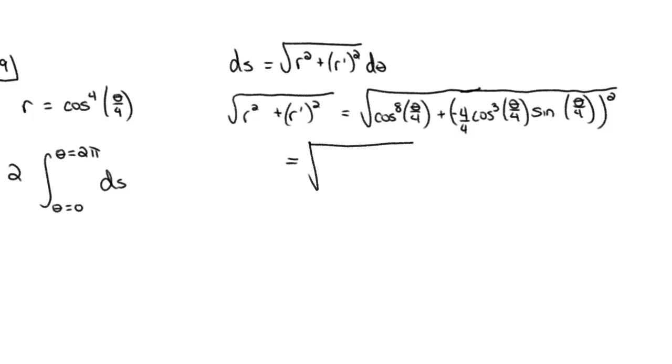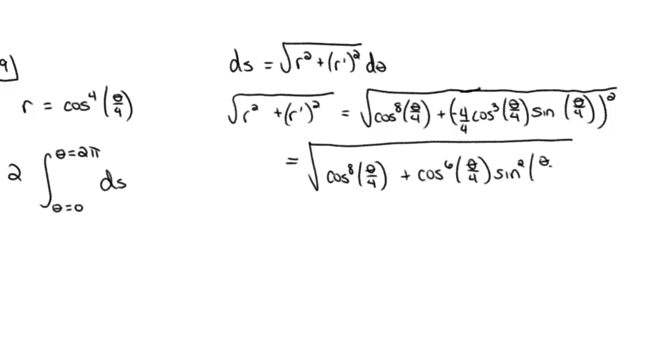It looks terrible, but actually cleans up beautifully. Let's go ahead and just simplify that statement. It's cosine to the eighth power of theta over 4 plus, because 4 over 4 cancels and negative squares, so that becomes just a positive 1, and we have a cosine to the sixth when you square it, of theta over 4, and a sine squared of theta over 4. Both those terms have a cosine to the sixth in common.